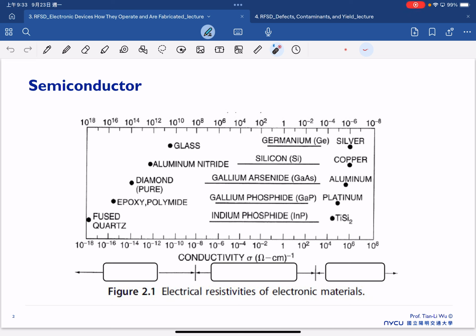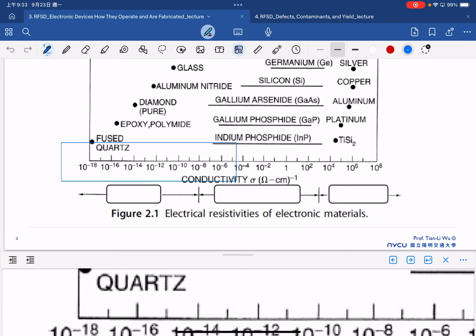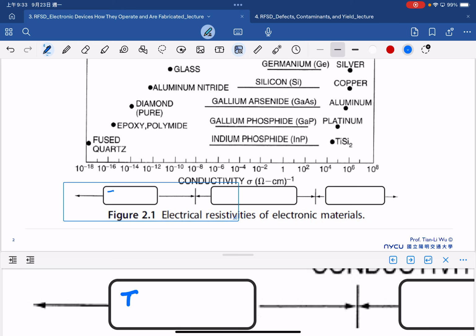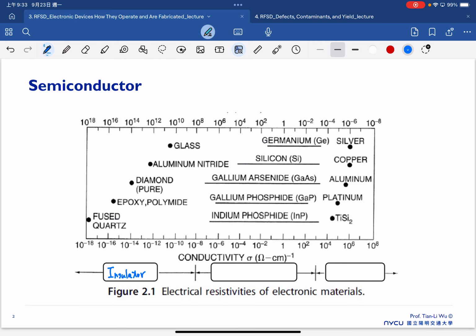materials here. So from all of the materials, we can divide them into 3 different types. The first one is insulator. The insulator means that this is a kind of material that shows a very high resistivity.